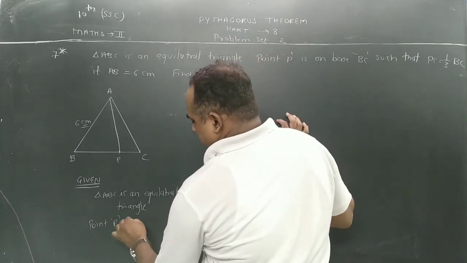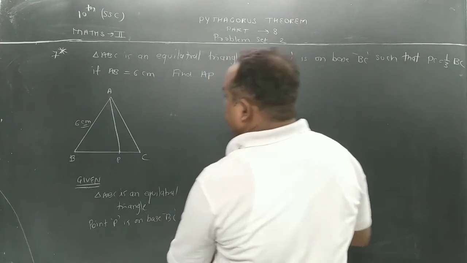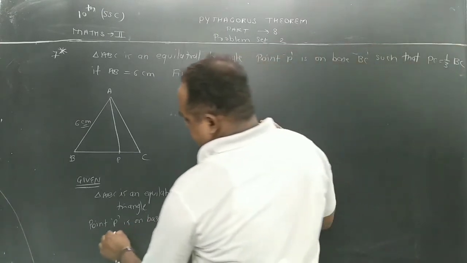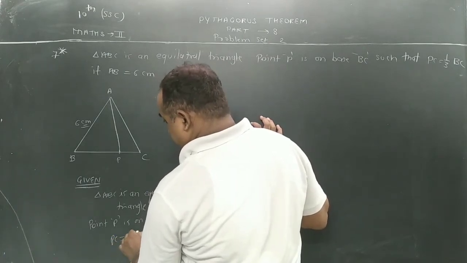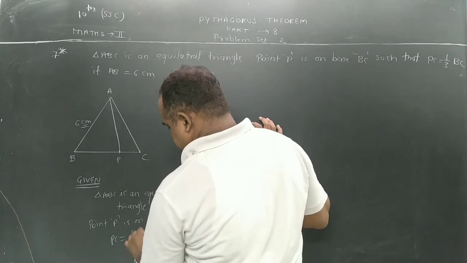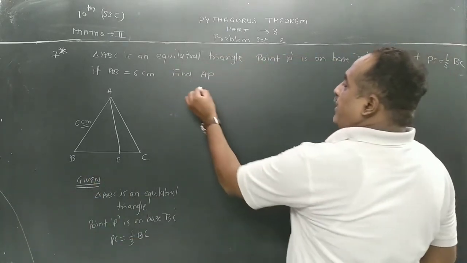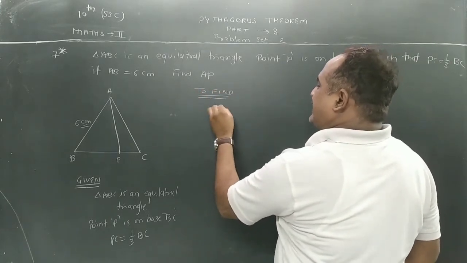Point P is on base BC, and this PC is equal to 1/3 of BC. What to find? We have to find out length AP.